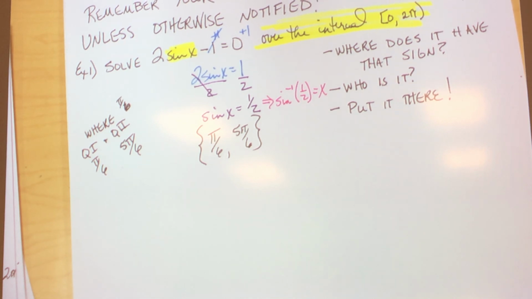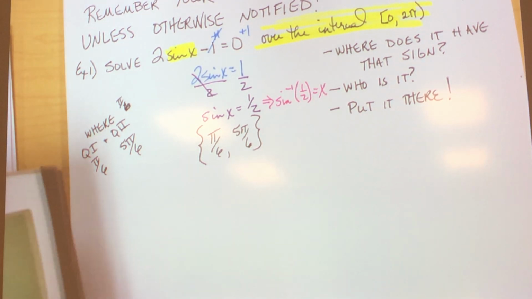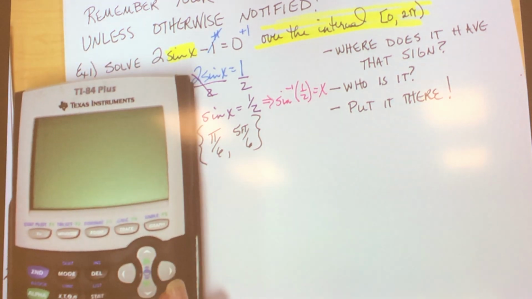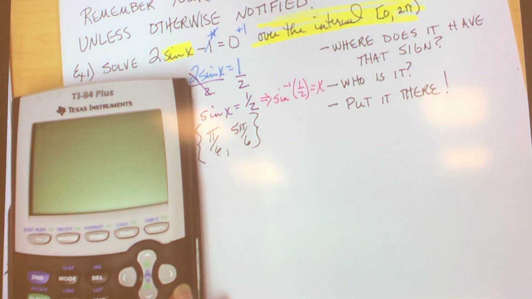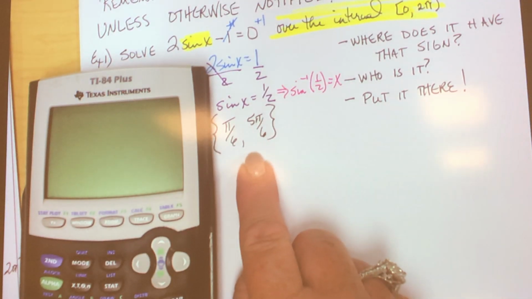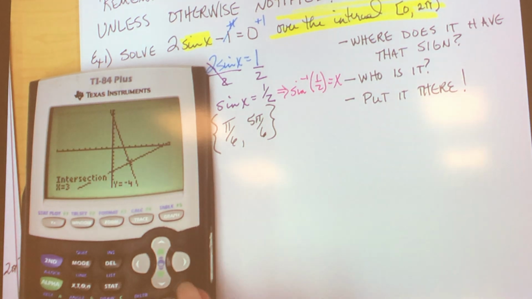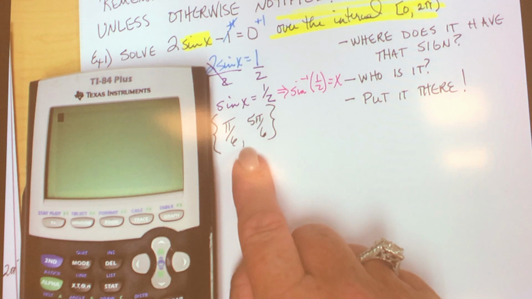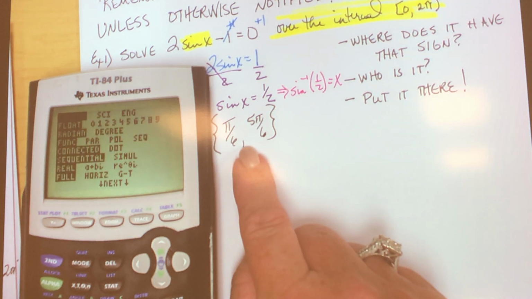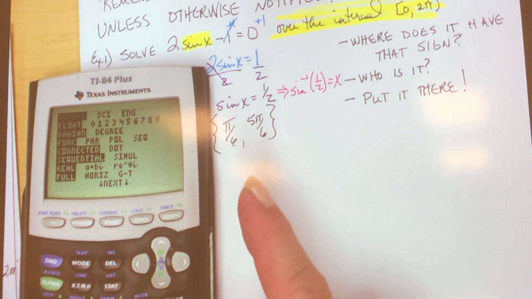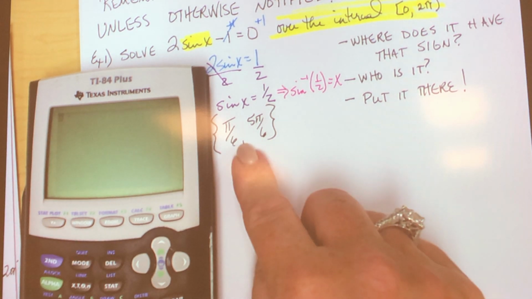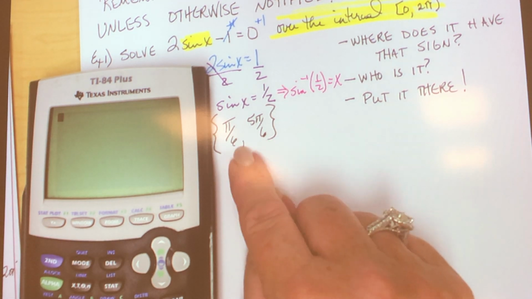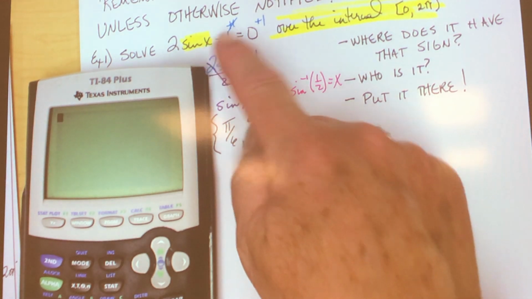Now, let me show you something cool. On the test, I'm not sure, but I'm gonna show you how you can check this on your calculator if you want to, okay? First of all, what do I have to make sure about my calculator? It's in radians. I'll press the mode button, it's in radians, good deal. Now, all I'm gonna do is plug these two answers back in, one at a time.